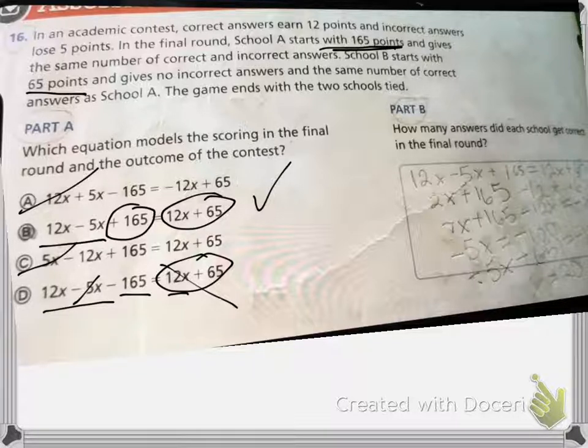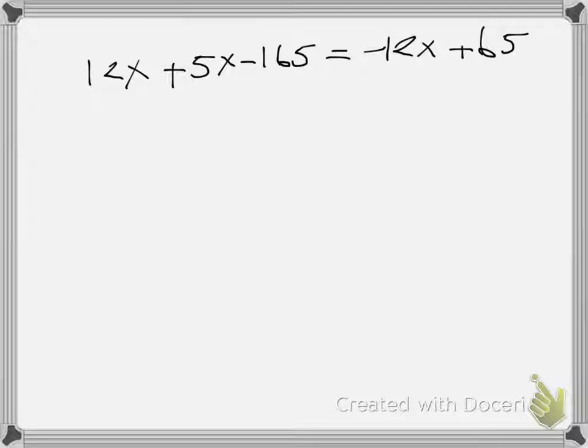Alright, let's go ahead and solve it. Alright, so remember earlier we said that you can start with whatever you want. So we're gonna go ahead and start with these right here, because those are pretty easy. 12x plus 5x, that's 17x. And then I bring down everything else.